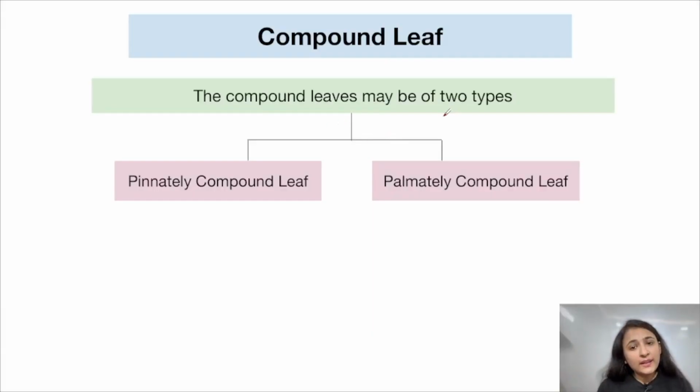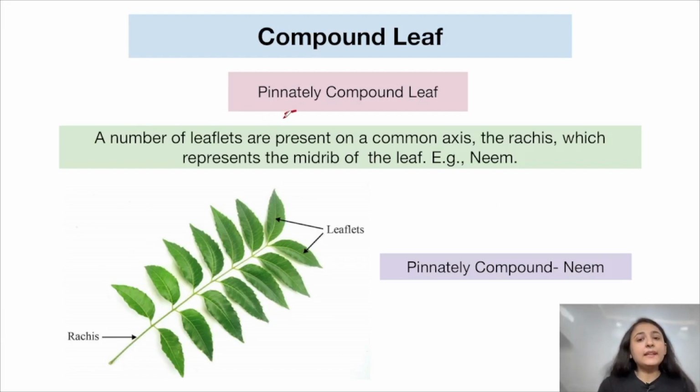Now the compound leaves can also be of two types: pinnately compound leaf and palmately compound leaf. In a pinnately compound leaf, a number of leaflets are present on a common axis, which is known as the rachis. See, this is the rachis. It represents the midrib of the leaf.